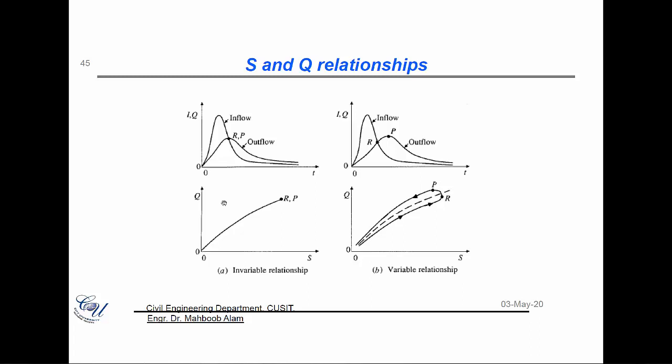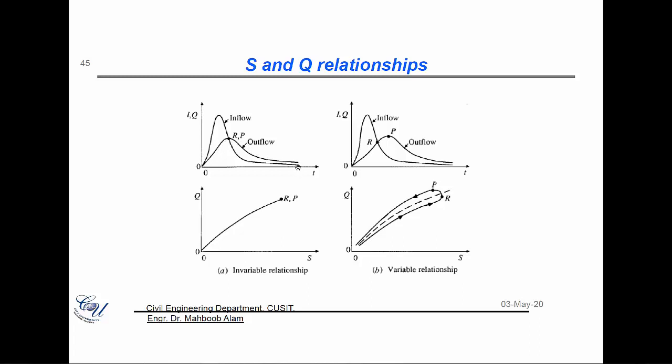You see, when I'm looking at this graph, you see we have two sets of graphs. One is for invariable relationship, another is for variable relationship. What it basically says is that if this is my inflow, for example, then the outflow is something like this. Now, why we call this invariable relationship?